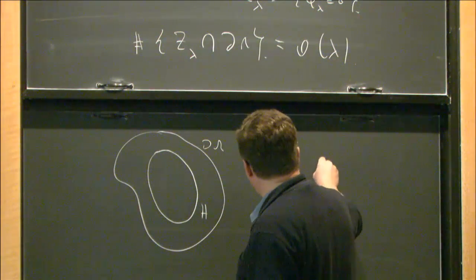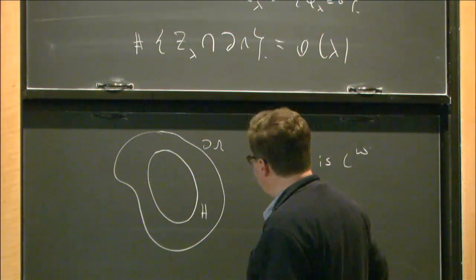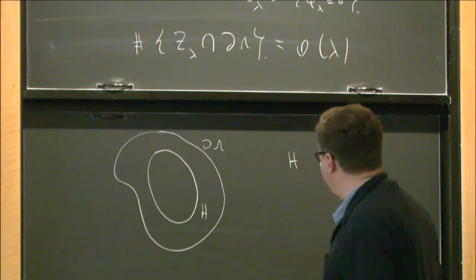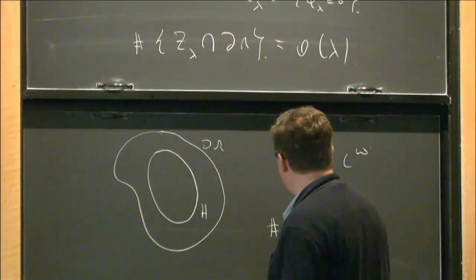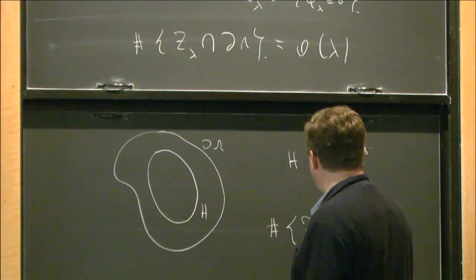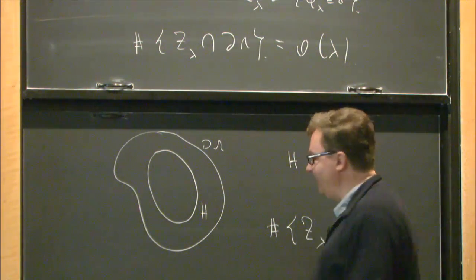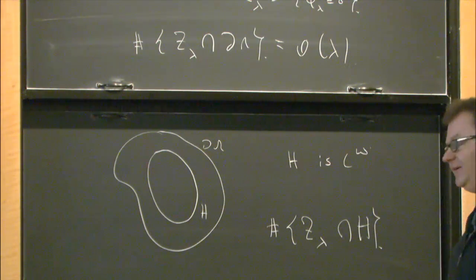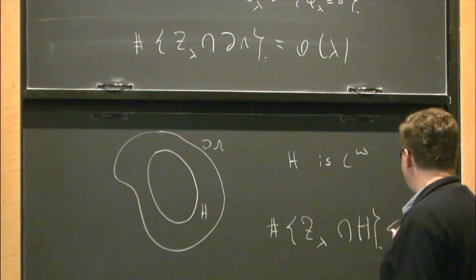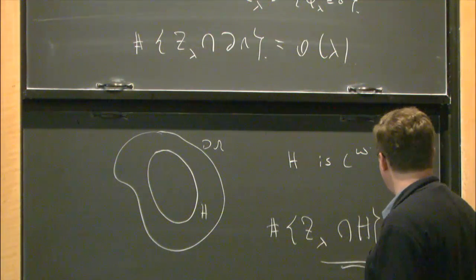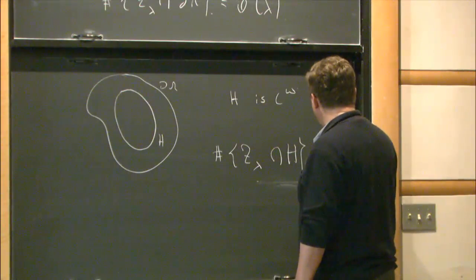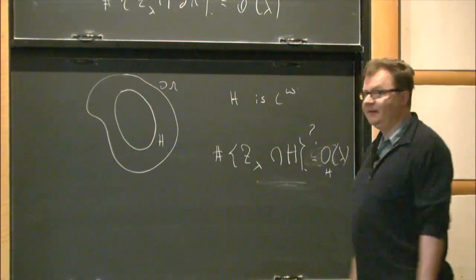Now H is C omega. Analyticity is crucial for this. The nodal set could be infinity, but if it's infinity, it's infinity. So the question is, can you estimate this? When do you get the O of lambda bound here, which depends on H?